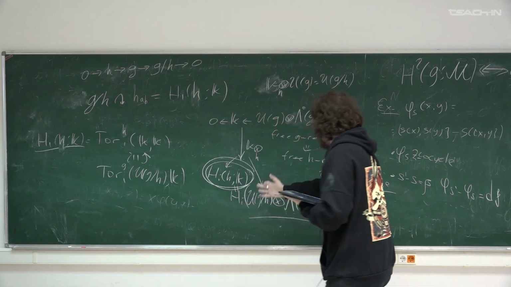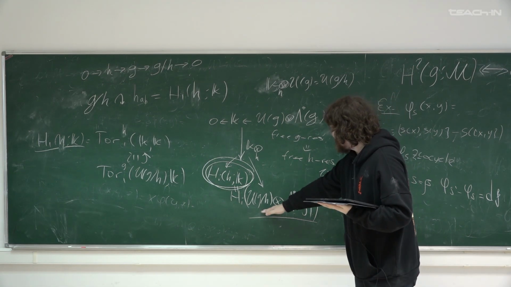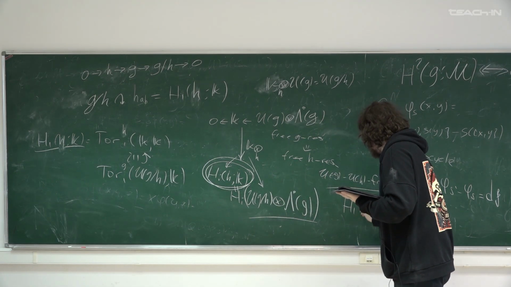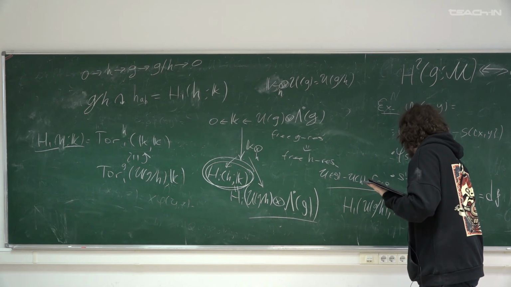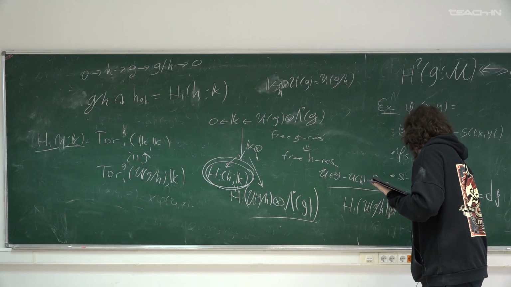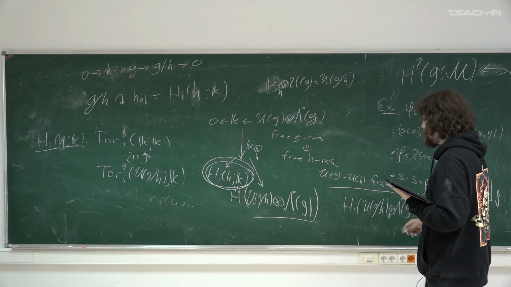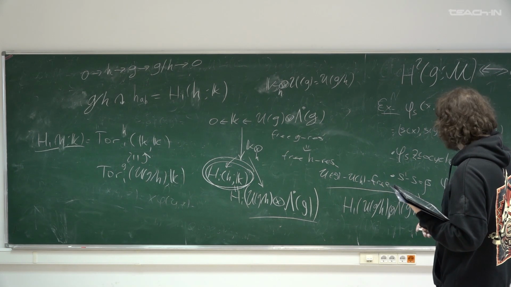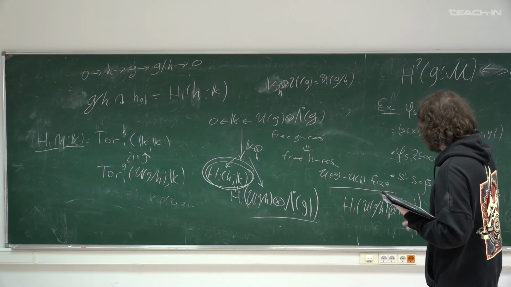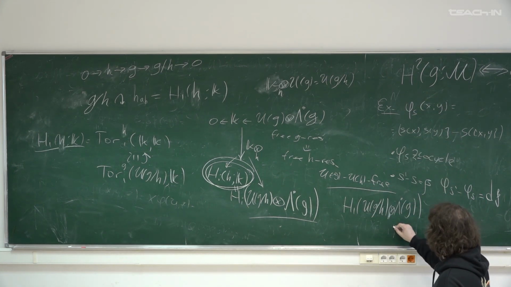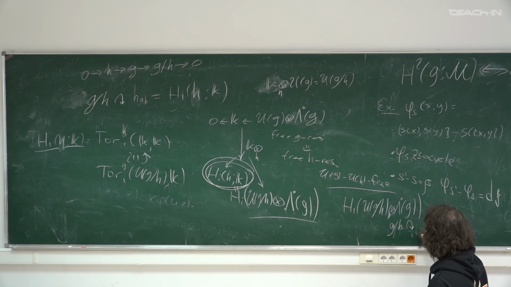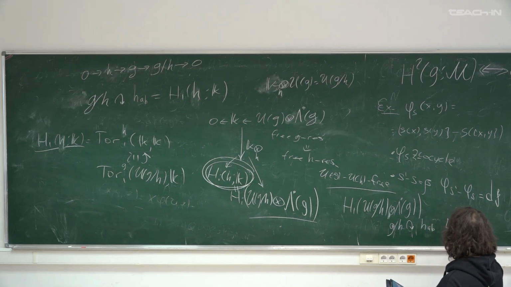If you consider exactly this standard resolution for this module and consider the first homologies, and consider the corresponding action, you obtain that the action of G/H on the first homology, so on the abelianization, is just by this commutator.